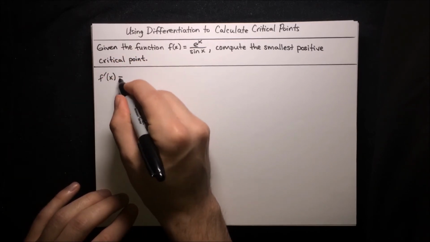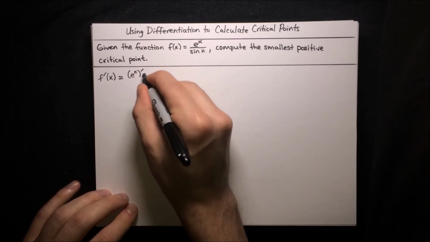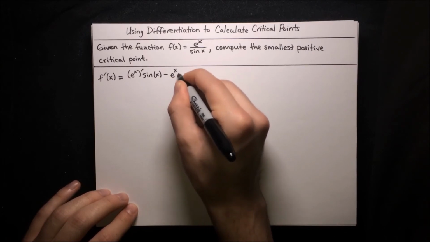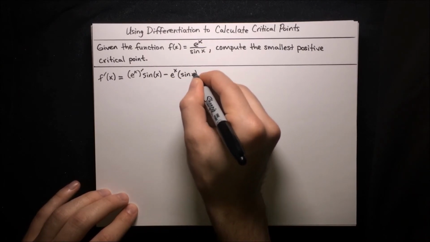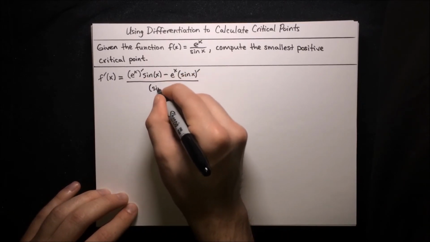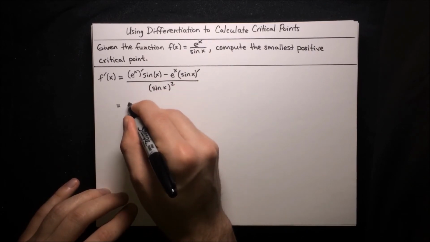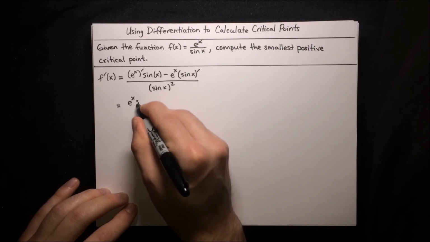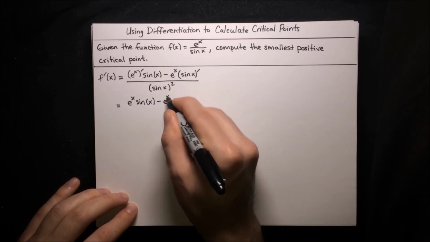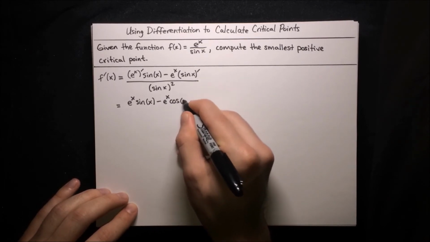So f prime of x is equal to the derivative of the numerator times the denominator minus the numerator times the derivative of the denominator. And that's going to be all over the denominator squared. So we'll just go ahead and simplify that. Derivative of e to the x is just e to the x. That's being multiplied by sine of x, and then minus e to the x times the derivative of sine of x, which is just cosine of x.